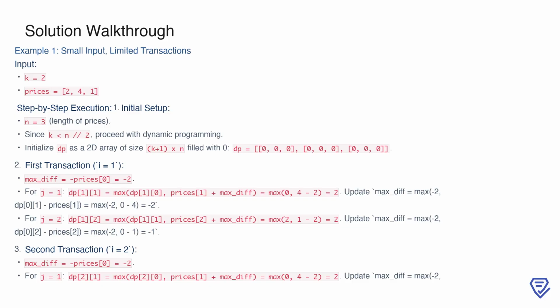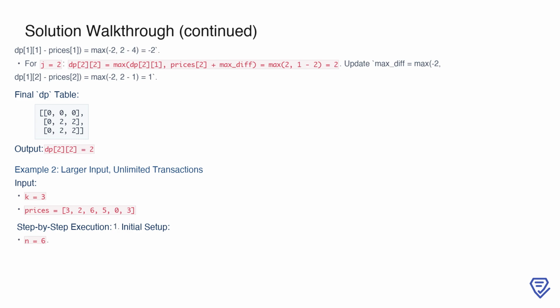This gives us a value of 2 for dp[1][1]. Then we update max_diff for the next step. Similarly, for j equals 2, dp[1][2] remains 2 since adding max_diff to the price doesn't yield a higher profit. Finally, we move to the second transaction, where i equals 2, and repeat a similar process.